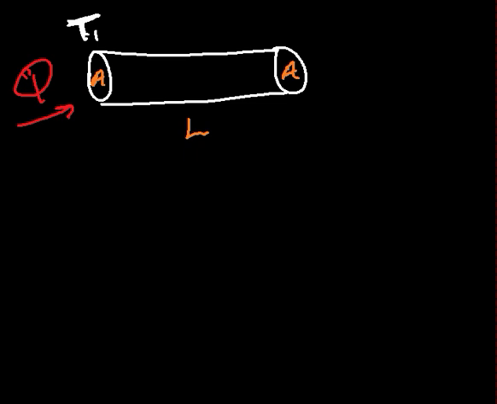Since this is the section of high temperature, the heat will be transferred from this end to this end via conduction. Let's say the temperature in this end is given as T2, and the time it takes for the heat to be transferred from this end to this end is given as t.